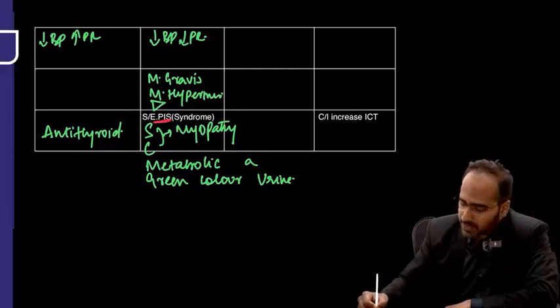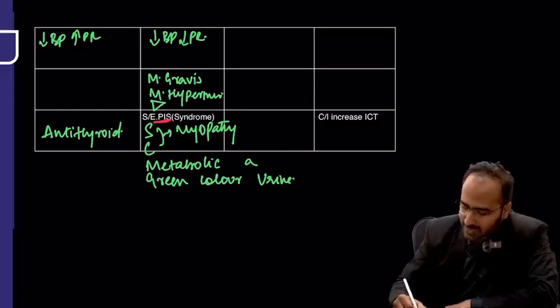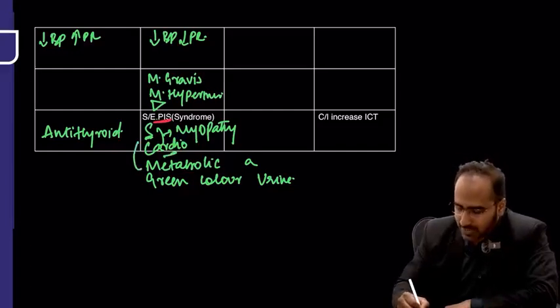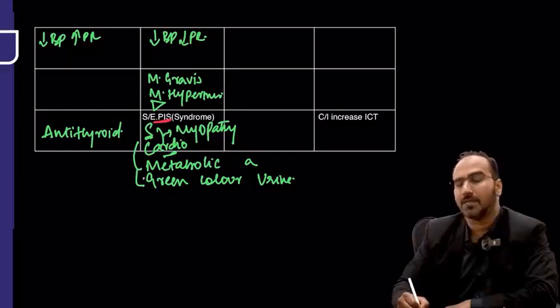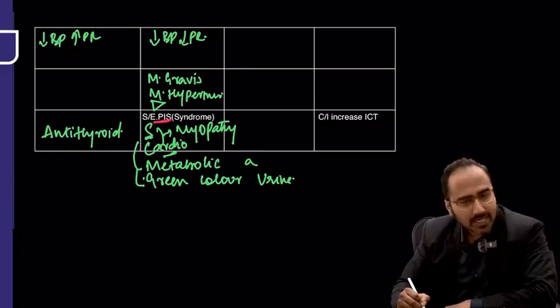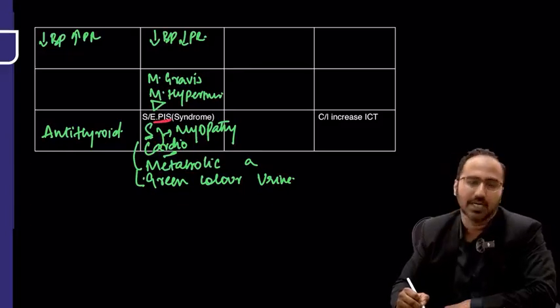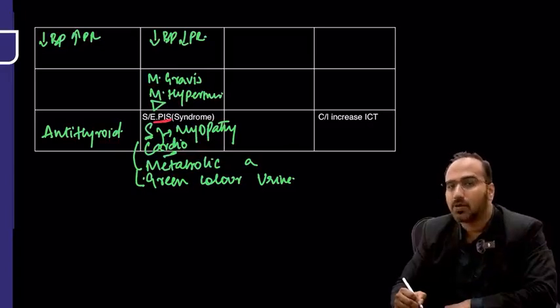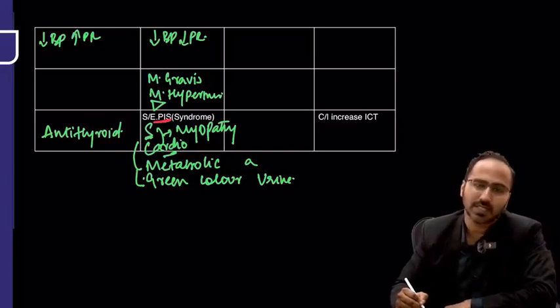We see skeletal and cardiomyopathy, metabolic acidosis, and green color urine. The patient might have green color urine when you use propofol for more than 48 hours, especially in children, right? Then these children might land up in this syndrome called propofol infusion syndrome.